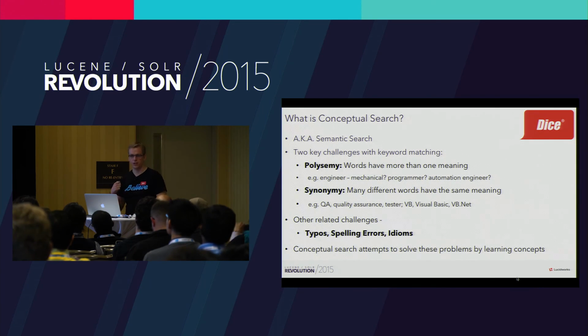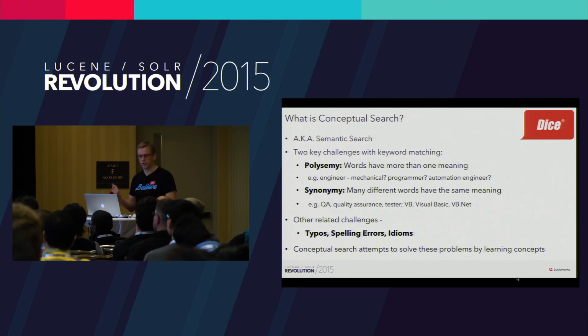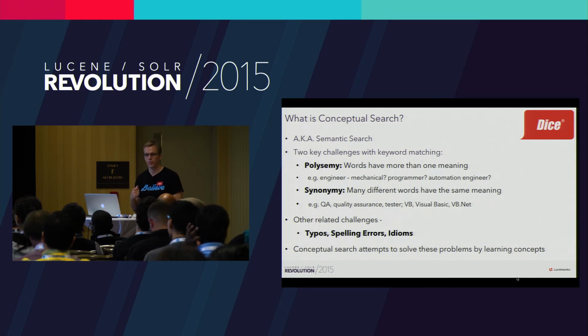These are concepts, ideas. These are very intuitive to people, but it's extremely hard to get an algorithm to do this. And so rather than match over exact keywords or synonyms, conceptual search tries to do matching over concepts. So it allows you to do things like match documents that don't contain any query terms, but still get pretty good results.